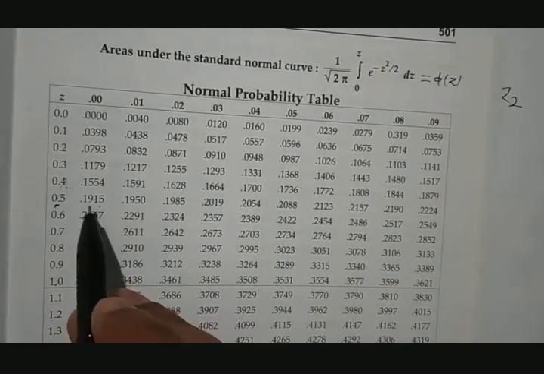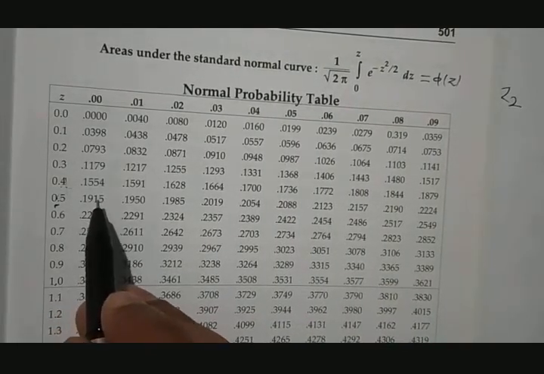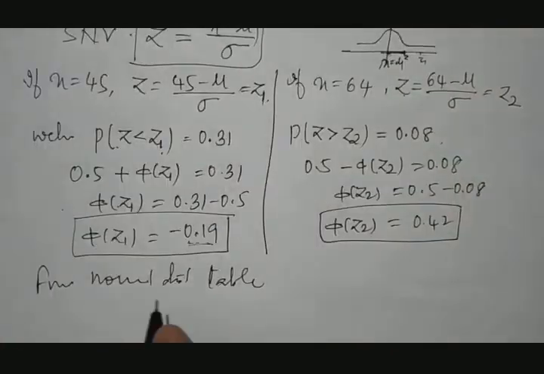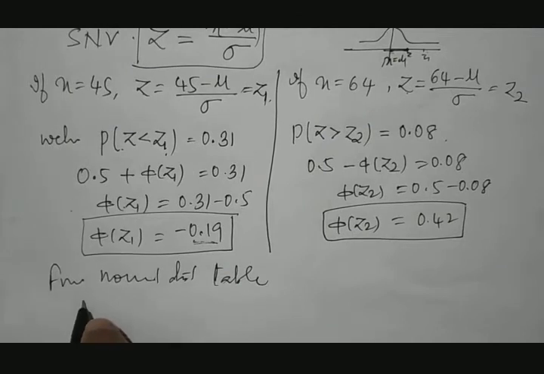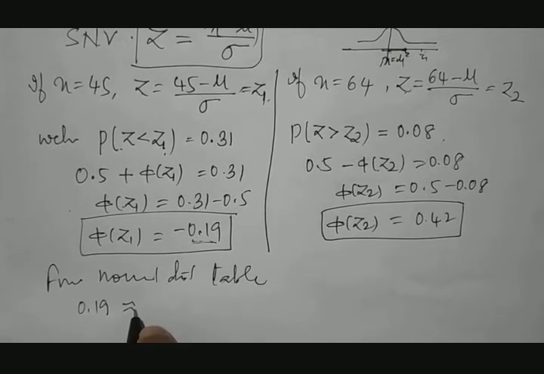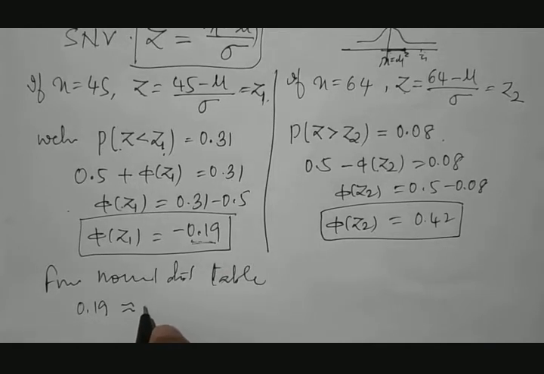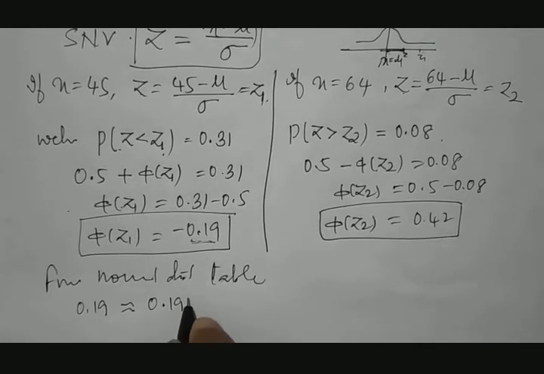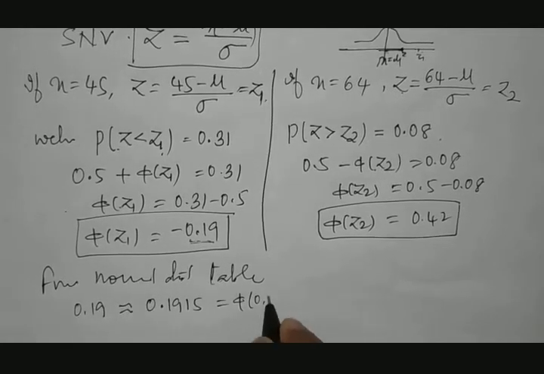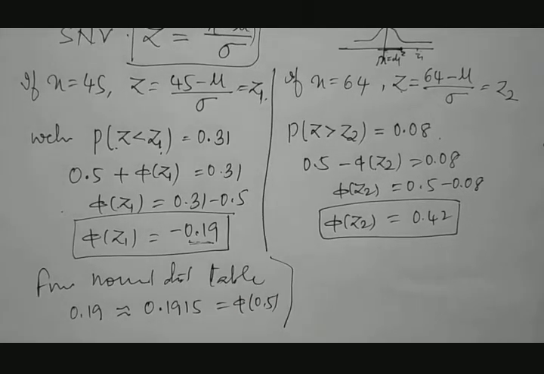So this number, 0.1915, comes at 0.5 and 0. Therefore, this number, that is 0.19, is not possible. Then approximately the number available in the table is 0.1915, which comes for pi of 0.5.